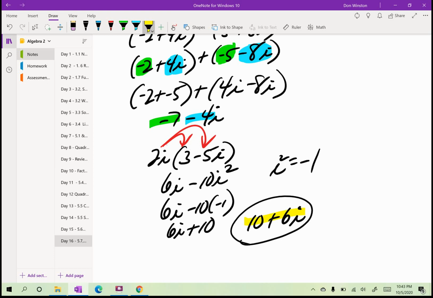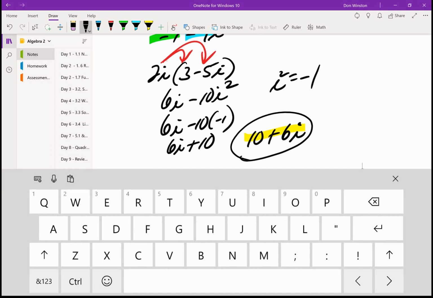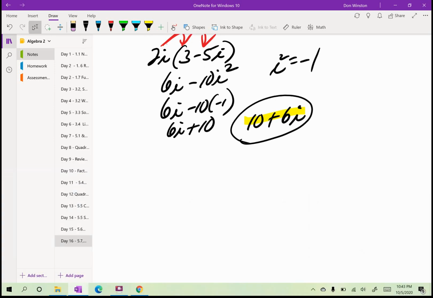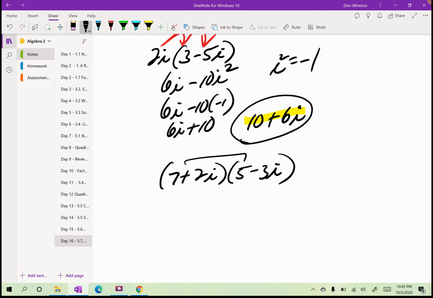Pretty easy. Distribute. And then the last one was when you had to FOIL. So for example, if you have 7 plus 2i, and you're going to multiply that by 5 minus 3i, just made up one. So you FOIL. 7 times 5 is 35. 7 times -3i is minus 21i. And then 2i times 5 is 10i.